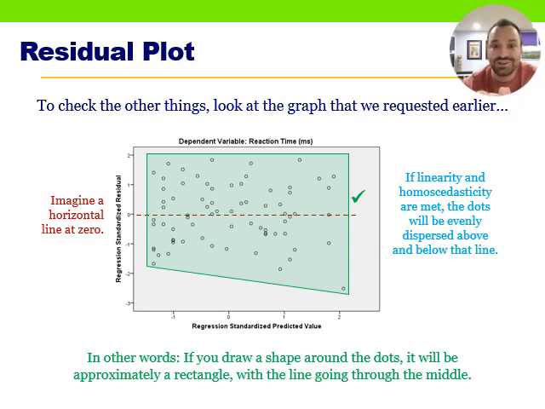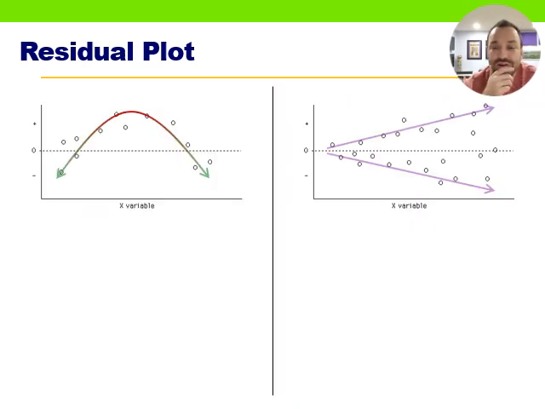Now, the obvious question is, what if those assumptions are not met? What will this graph look like? Here are some examples. The graph on the left, if we were to draw a shape around the dots, would be a semicircle. It would be like a U shape, a crescent, a semicircle, however you want to think about it, because there's a clear curved pattern to the dots.